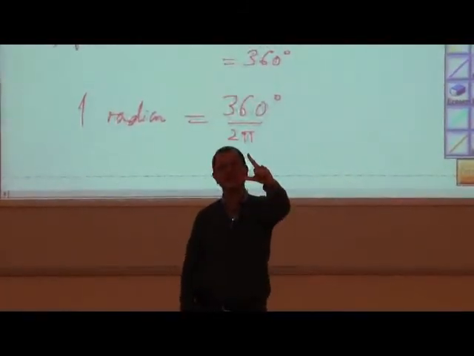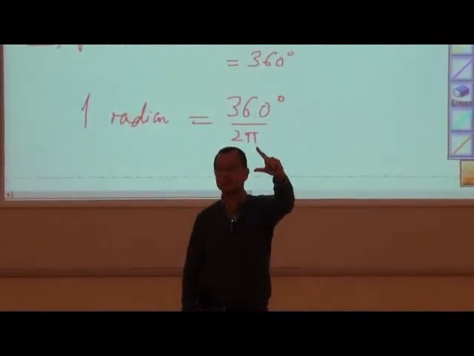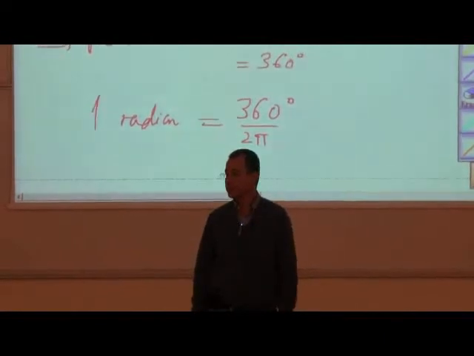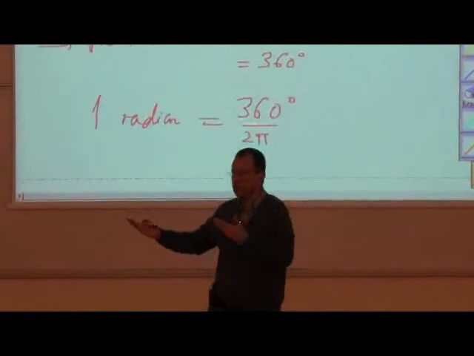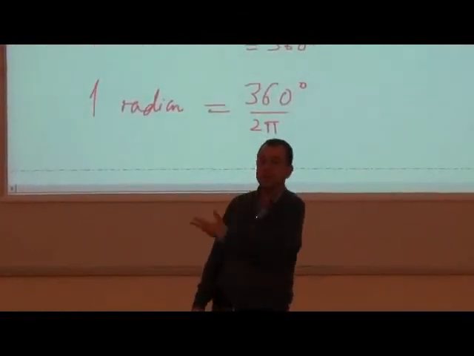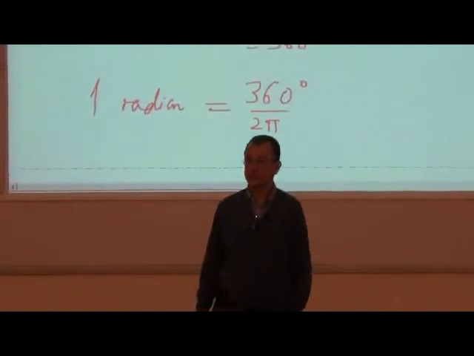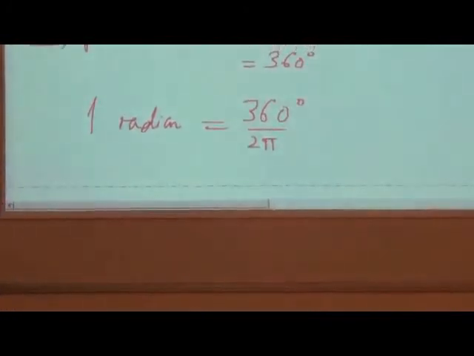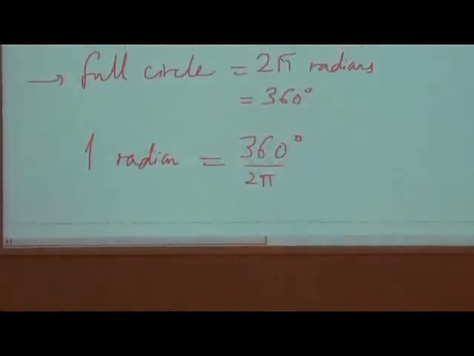Well, how big is that angle? Now let us figure out the conversion between our new radian unit and the old unit of degrees. Again, for a full circle, S equals 2 pi r, but at the same time equals r times theta in radians.